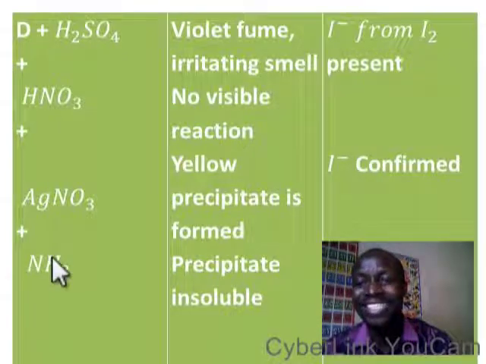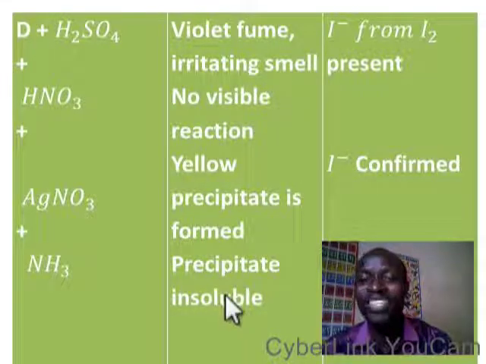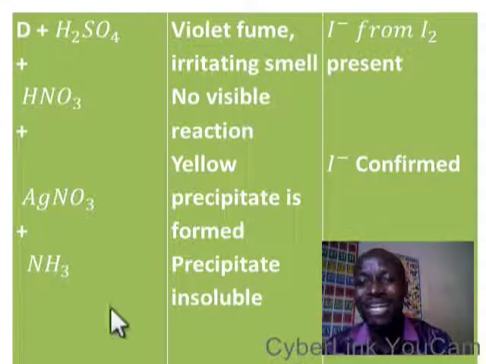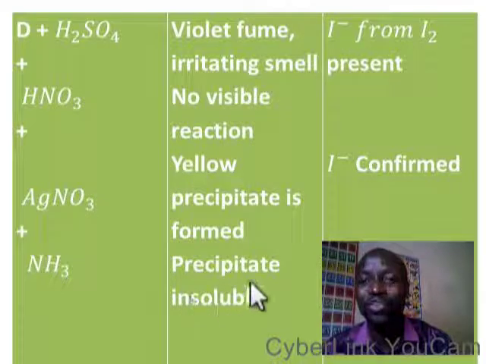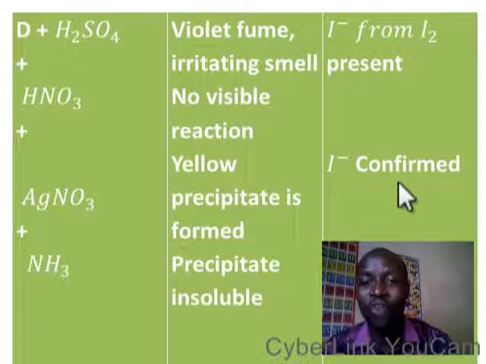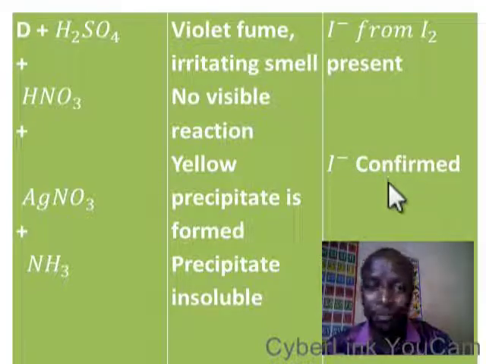When you add ammonia, NH3, the yellow precipitate is insoluble. That's why we wrote here precipitate insoluble. It is when you add ammonia and the precipitate remains insoluble that you confirm the presence of iodide ion.